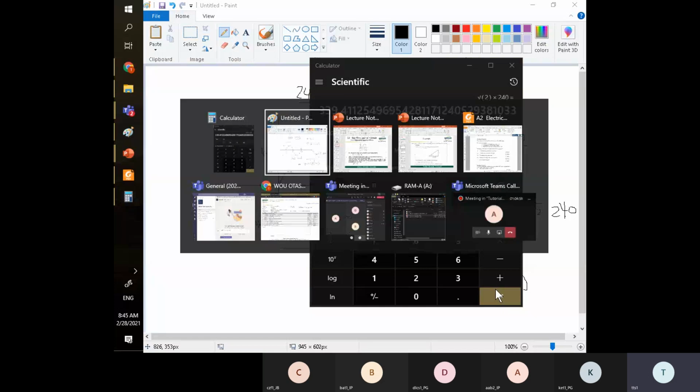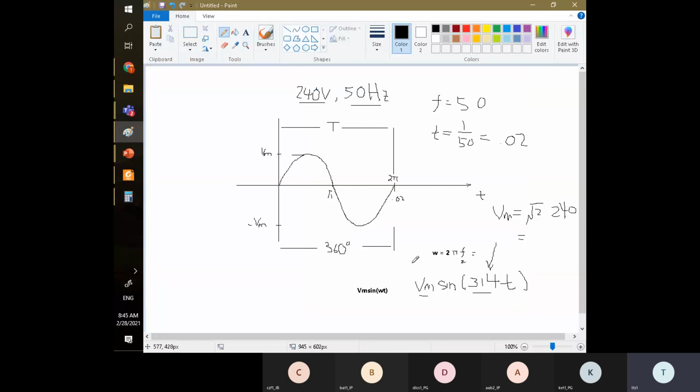I always remember. Okay, this 339. So the correct way to present Malaysia AC power is 339 volt sine 314 t.